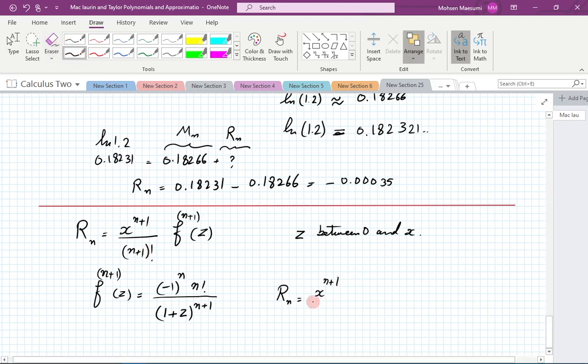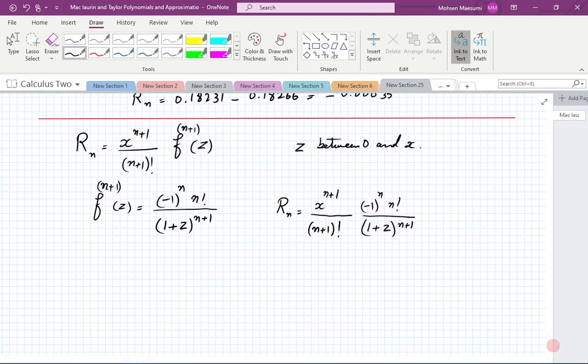The first piece is n plus 1 factorial here. So these two terms I just copied through. Now I take this one and copy it here. So I have minus 1 to the power of n factorial over 1 plus z to the power of n plus 1. The calculation is a little bit involved, but I'm sure you can do it.